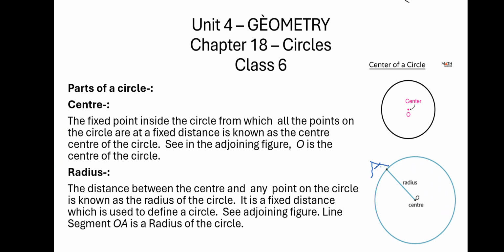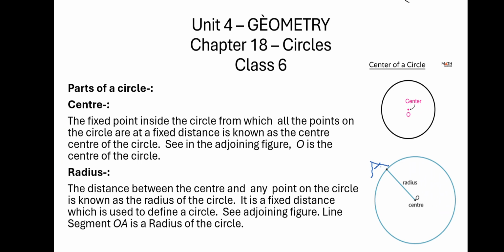Parts of a circle. Center. The fixed point inside the circle from which all the points on the circle are at a fixed distance is known as the center of the circle. See in the adjoining figure, O is the center of the circle.